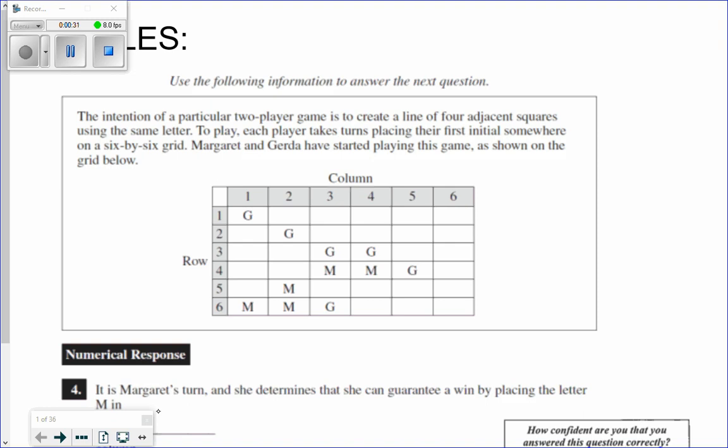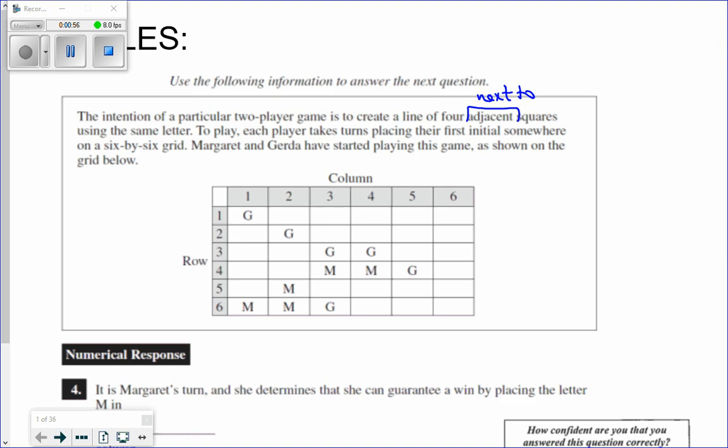So it says the intention of a particular two-player game is to create a line of 4 adjacent squares. So you're going to see words that you're probably going to be like, what the heck? So adjacent means next to or side by side. Okay. So your two-player game is to create a line of 4 squares next to each other using the same letter.